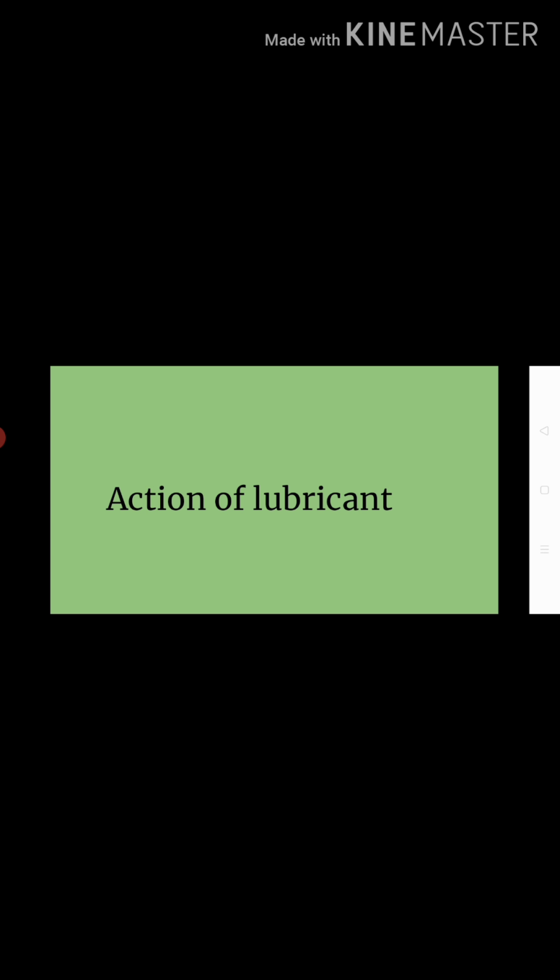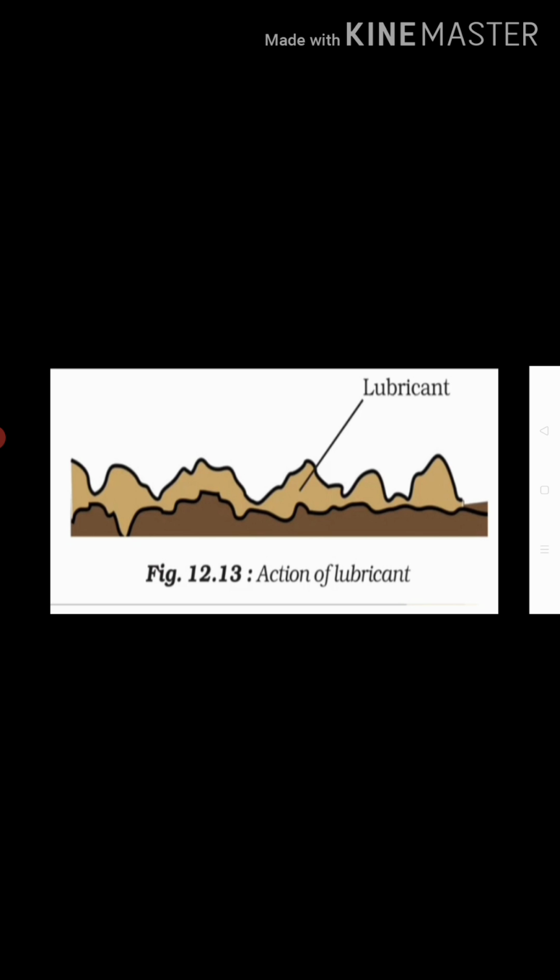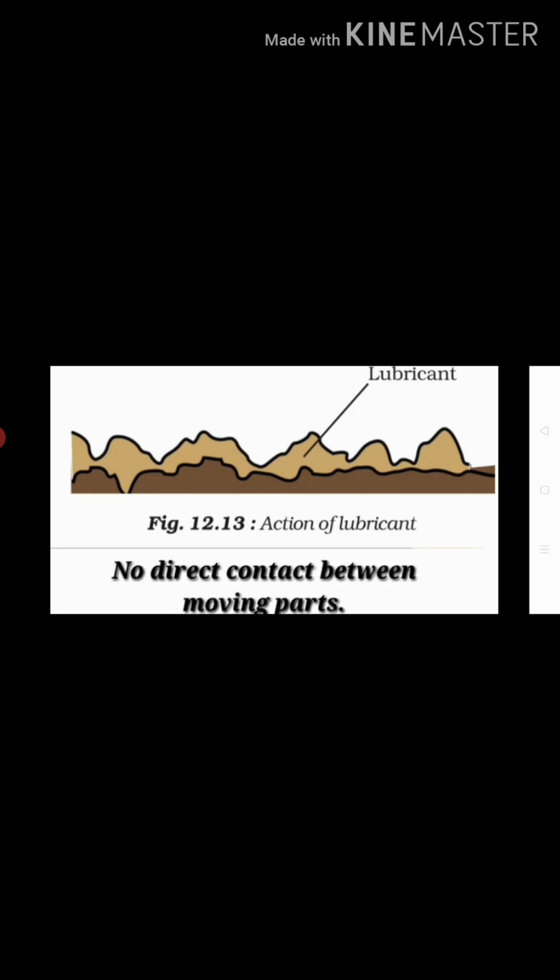Let's see the action of lubricant. When oil, grease or graphite is applied between the moving parts of a machine, a thin layer is formed between the surfaces, and these surfaces do not directly rub against each other.